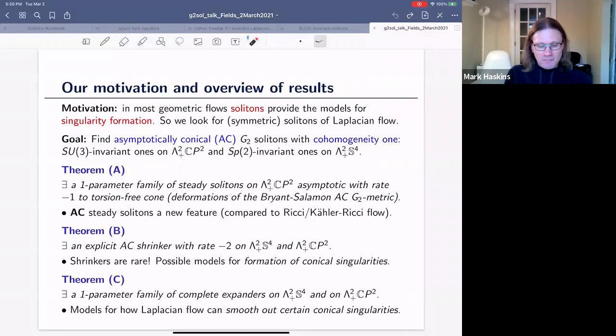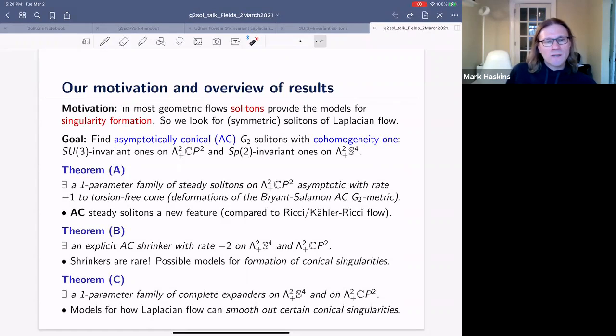And then the third theorem says that, again, on both of these spaces, there is at least a one parameter family of complete expanders. And in fact, conjecturally on the second one, there should actually be a two parameter family of complete expanders.